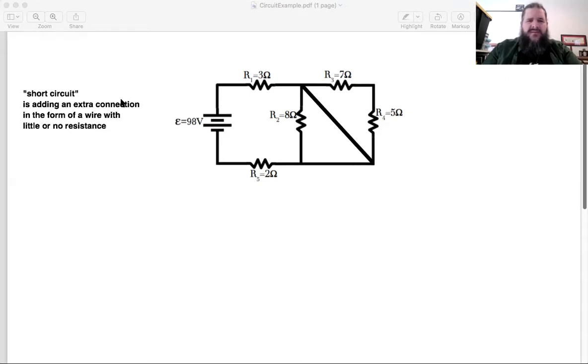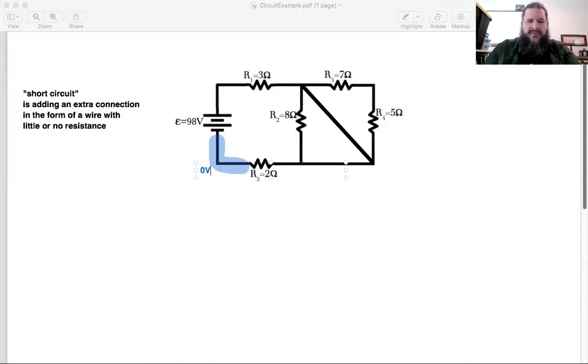If we start labeling voltages, let's say we call the voltage right before the battery, and of course, all these locations in this corner are at the same voltage because they're connected by wire. What do we usually call the voltage right before the battery? What would be a good label to call that?